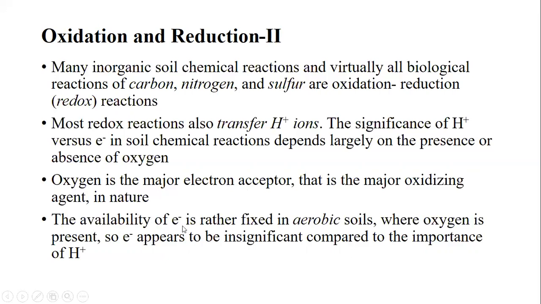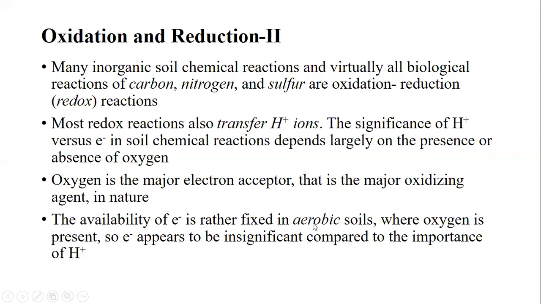The availability of electron is rather fixed in aerobic soils. Aerobic, when you have the availability of oxygen. Aeration is good, that means availability of oxygen. So the availability of electron is rather fixed in aerobic soils where oxygen is present.